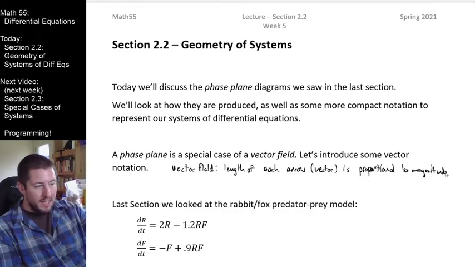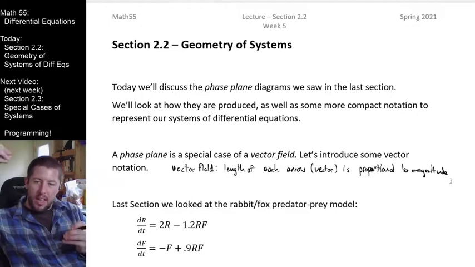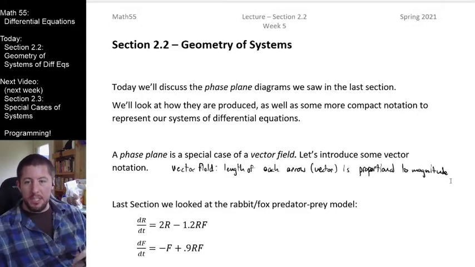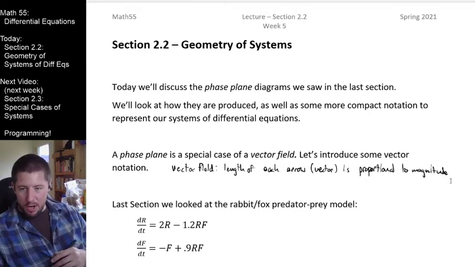However, because it gets really difficult to read the graphs when you have arrows that are super long and arrows that are incredibly short, the very standard thing to do is to draw phase planes where all of the arrows are the exact same length, regardless of whether the magnitude of the vector is large or small.